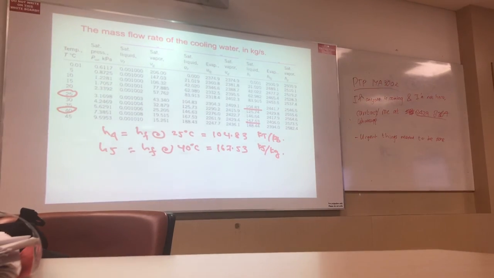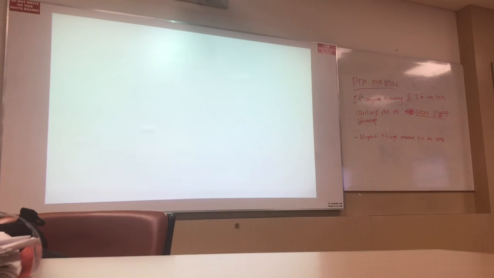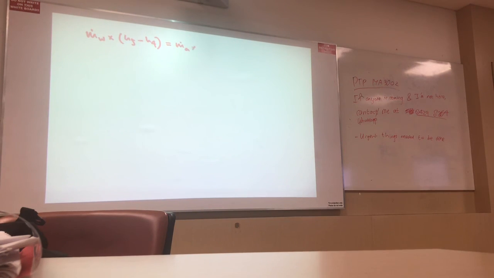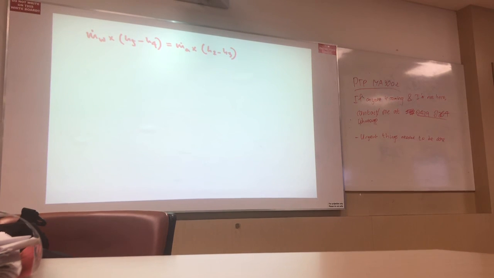So now we can write, right? You remember this one: m dot water times H5 minus H4 equals m dot air times H2 minus H3. Correct? And the turbine power I will show you also. I show you the first, because I have the data.